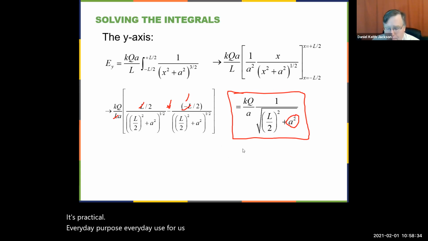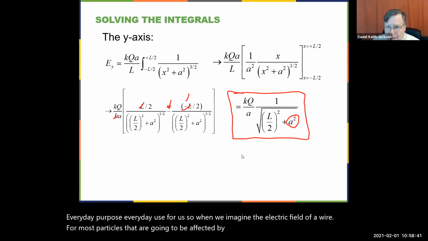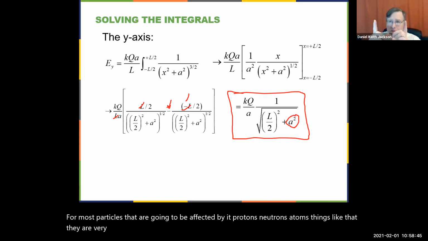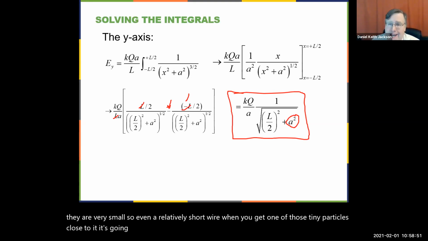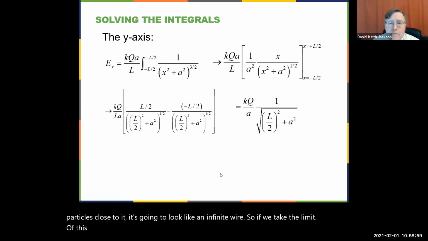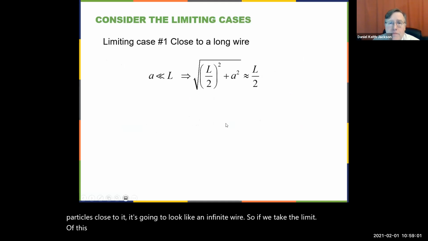When we imagine the electric field of a wire, most particles that are going to be affected by it, protons, neutrons, atoms, things like that, are very small. So even with a relatively short wire, when you get one of those tiny particles close to it, it's going to look like an infinite wire. So if we take the limit of this, we have two limits.